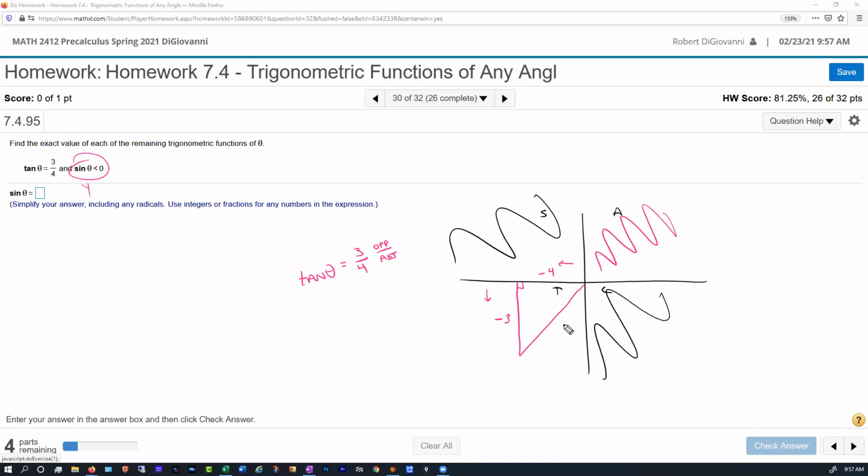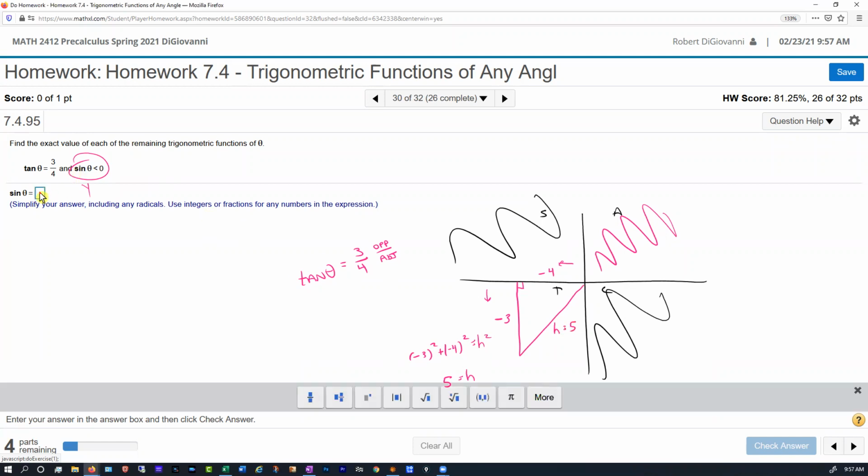And then we can get the hypotenuse. We can do -3 squared plus -4 squared equals the hypotenuse squared, and you'll get 5 for the hypotenuse. Remember, the hypotenuse is always going to be a positive number. So that should be it. We should be able to do this.